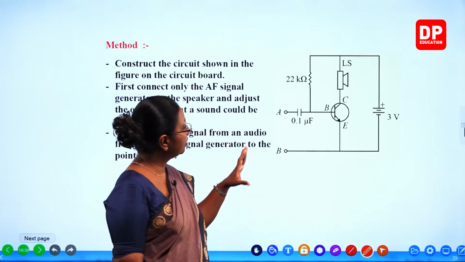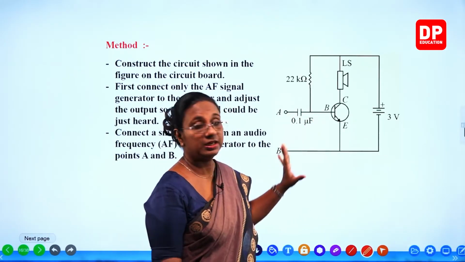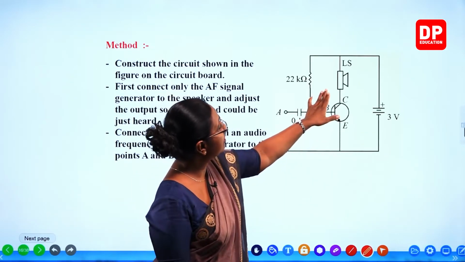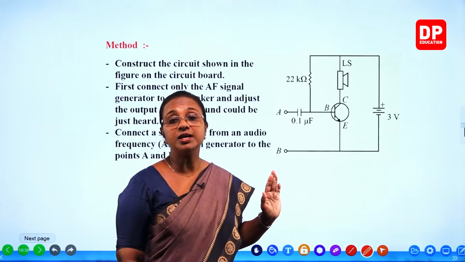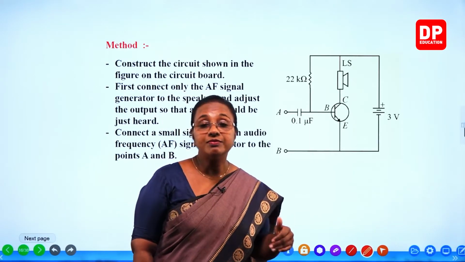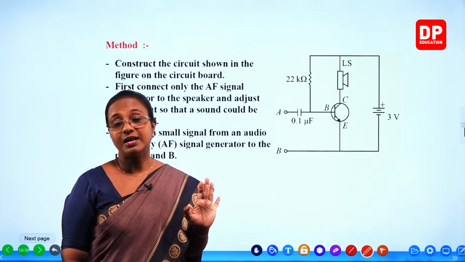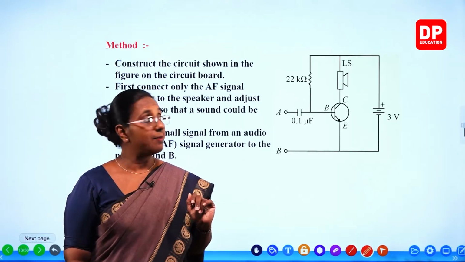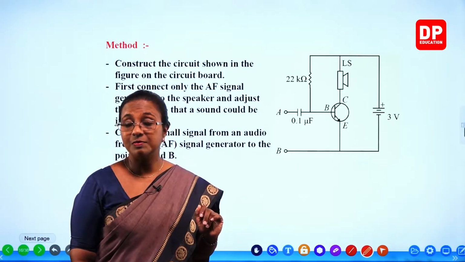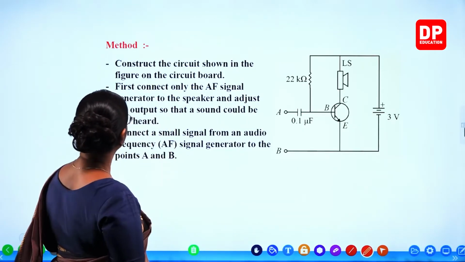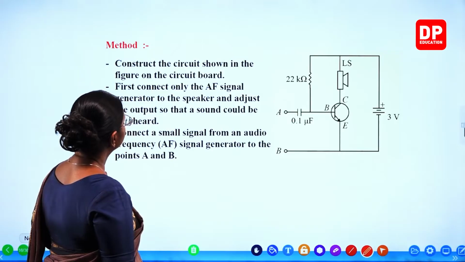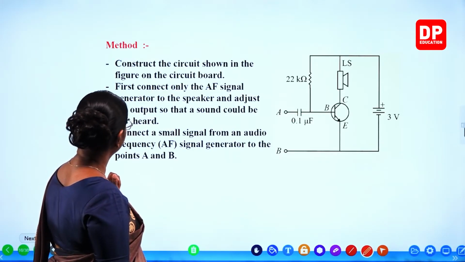So what we will do is, we will give the input here, audio frequency, and we will hear the output through the loudspeaker. If the sound is amplified, you hear a louder sound, then you can understand that amplification has taken place. So then, construct the circuit shown in the figure on the circuit board.